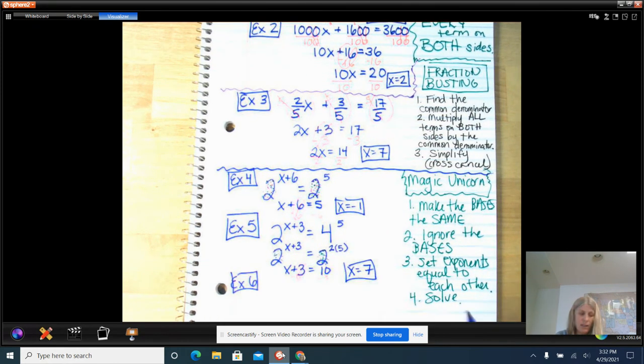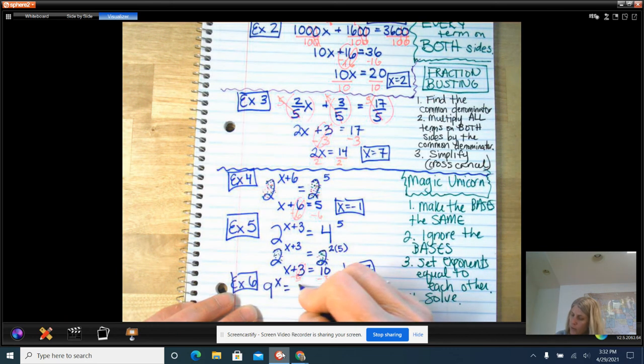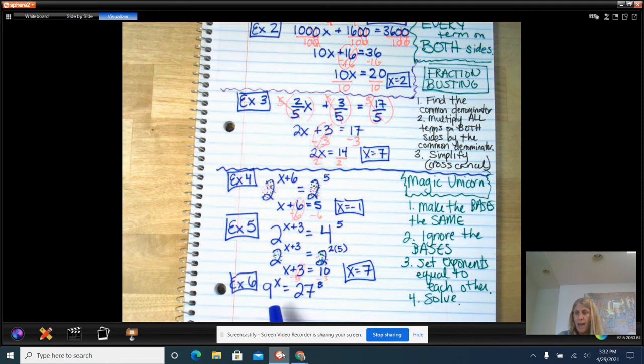So our example 6 is 9 to the x power is equal to 27 to the 8th power. So in this case, I know that my smallest number 9 squared is 81. And so I know I can't use 27. So I'm looking at ways that I can make a 9 and a 27. And I know that 9 is 3 squared.